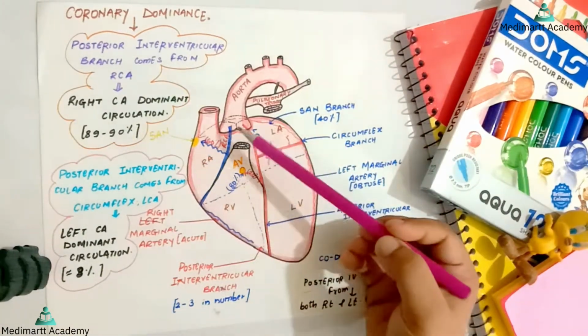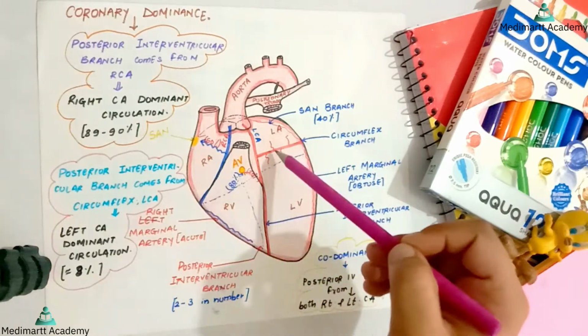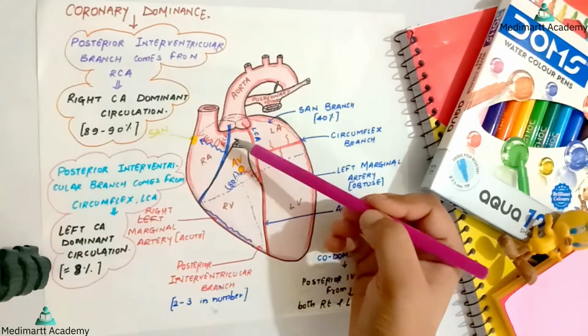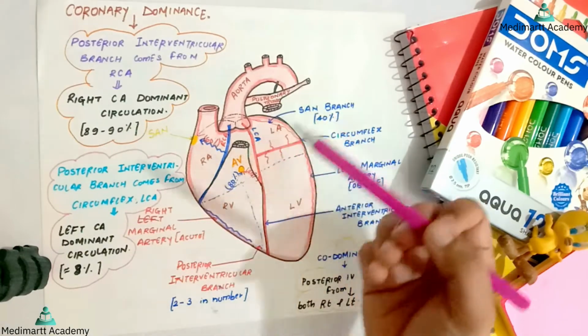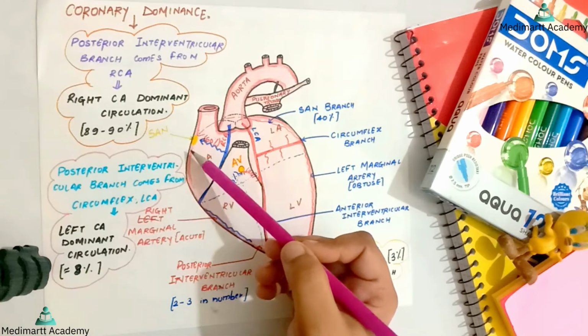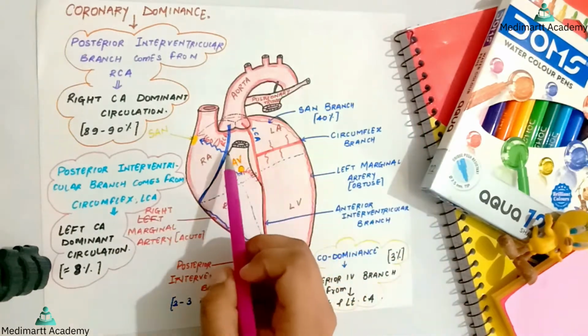In blue I have drawn the branches of the right coronary artery, and in red I have drawn the branches of the left coronary artery. So what will be the branches of the right coronary artery? It is supplying the sinoatrial node, so you can say sinoatrial nodal artery, or just say atrial branch.